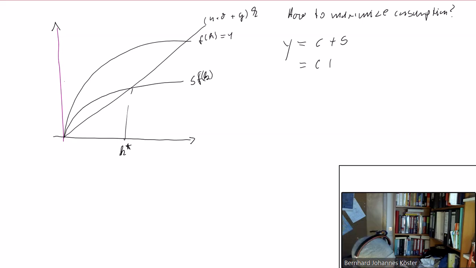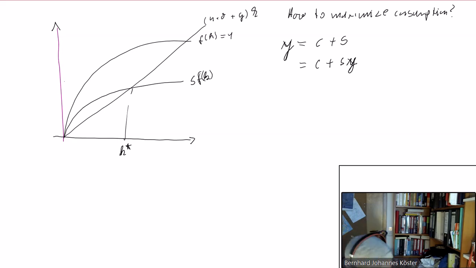But for savings, we said we have a constant savings rate, so s times y. Sorry, we have to deal, of course, again with our small letters, since we still want to interpret it in numbers relative to effective labor.